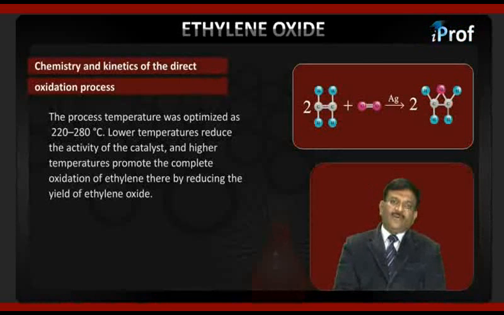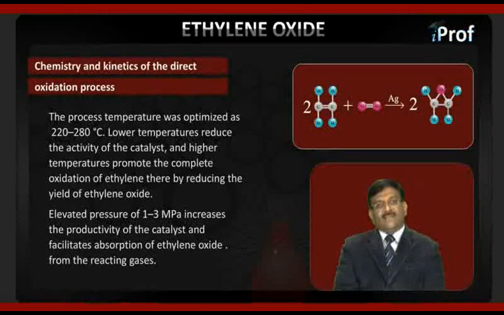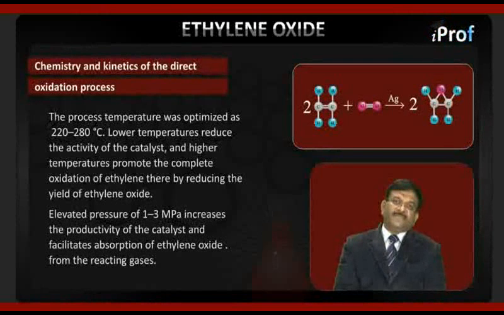Elevated pressure of 1 to 3 megapascal increases the productivity of the catalyst and facilitates absorption of ethylene oxide from the reacting gases.